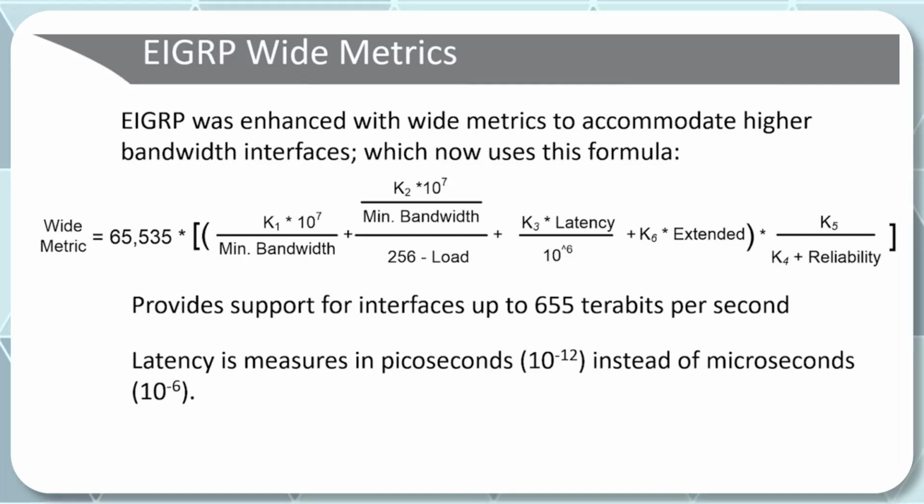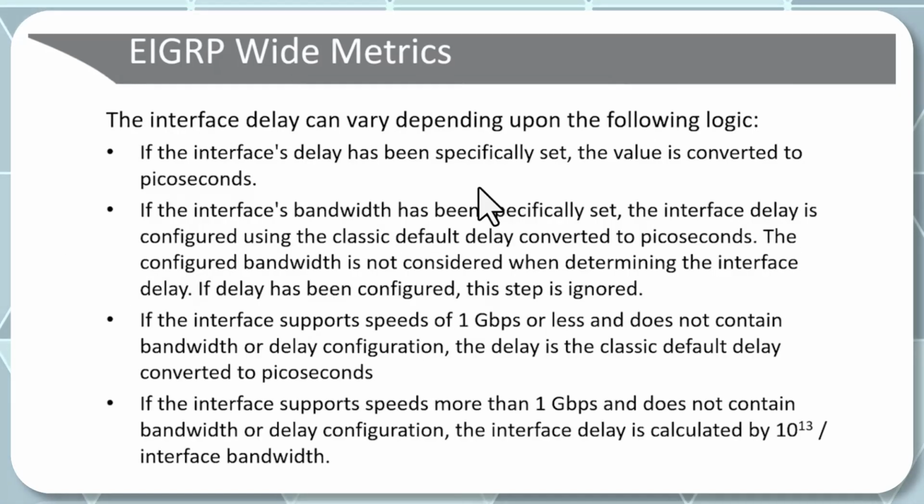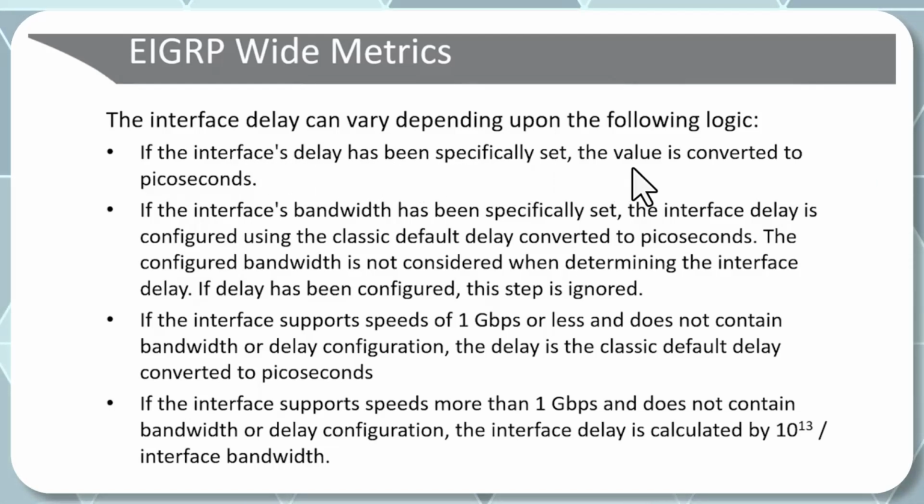So if you are seeing K6, it means you are using named one. If you are not seeing K6, then you are not using named one. Now, the interface delay can vary depending on the following logic. If the interface delay has been specifically set, the value is converted into picoseconds.